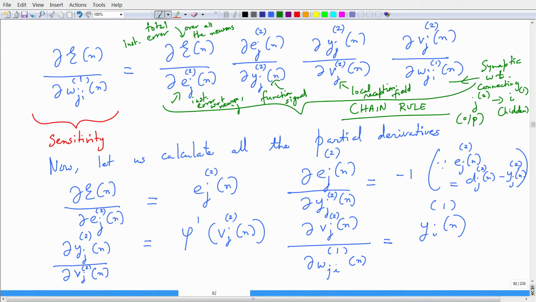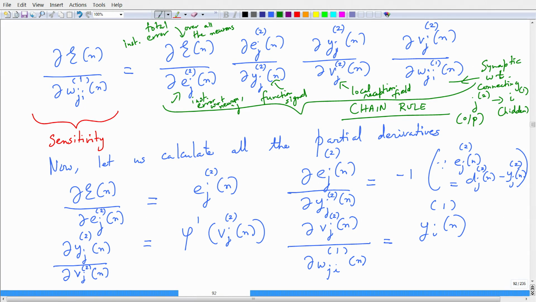So, you see there are 4 partial derivatives that we need to compute as a consequence of this chain rule, right. Again I recall, this is the total instantaneous energy and this is the synaptic weight. We need to take the partial derivative of the total instantaneous energy with respect to the synaptic weight w_ji of 1, that is j is the neuron in the output layer and i is the neuron in the hidden layer.